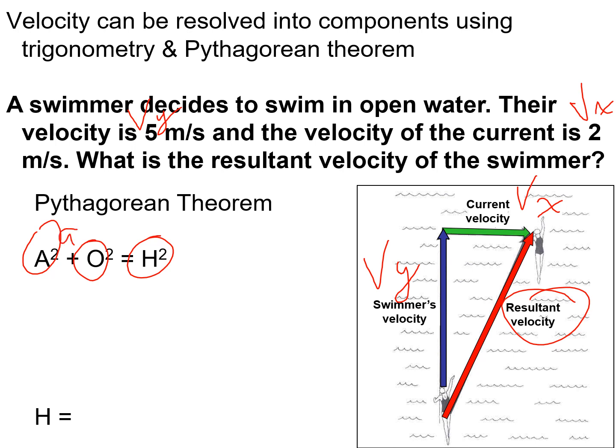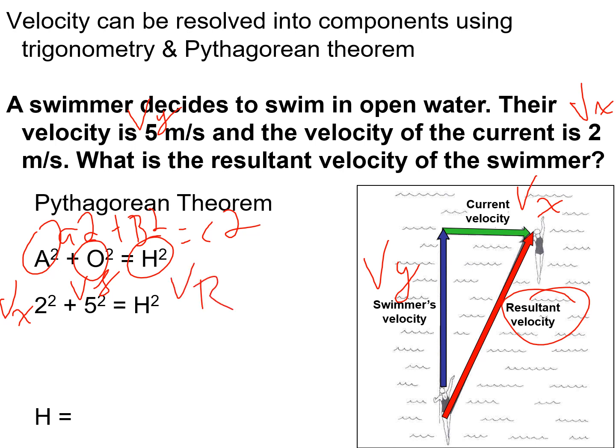This is our a squared plus b squared equals c squared. Okay? So all we do is plug and chug and get our answer. So our adjacent was our x component of velocity. This is our y component of velocity. And then this would be, we'll just say VR, for our hypotenuse.